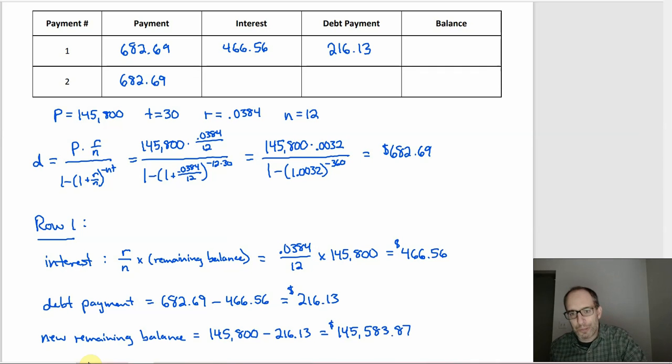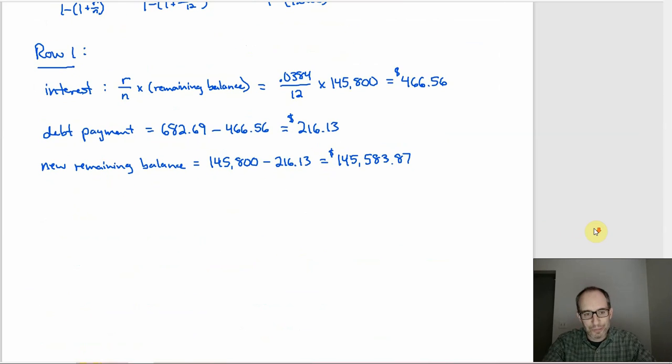All right, put that up in the table as well. 145,583.87. Okay, second row, we kind of do the same thing, except now the remaining balance is a little bit different. So I guess that'll change the numbers.